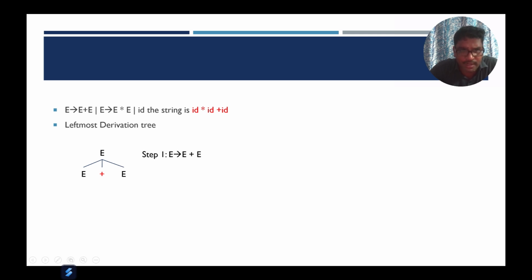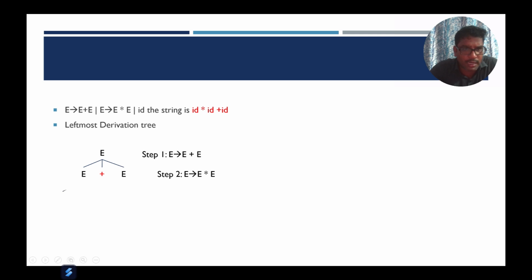So in the left side, first we have to expand this E. That means I have to substitute or expand this E to get up to ID. Now I am going to expand this left hand side E first. So in the next step 2, the production is E tends to E star E. Already we have the E, we have to expand this.